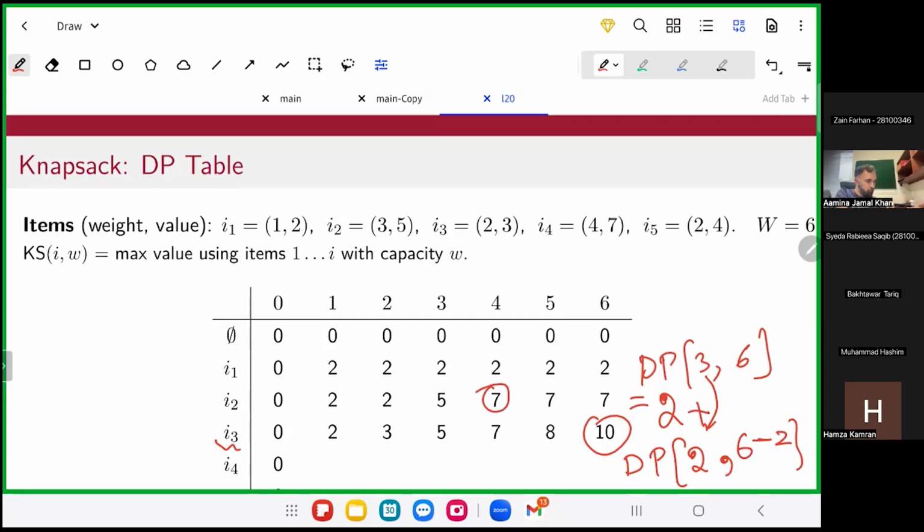Oh, hold on a second. I messed something up. So the value of item 3 is 3. Sorry about that. So it's 3. I can't find an eraser here. This looks like an eraser, but it does not erase things. Anyhow, okay, so this is 3. 3 comma 6 minus 2 is 3 comma 4.